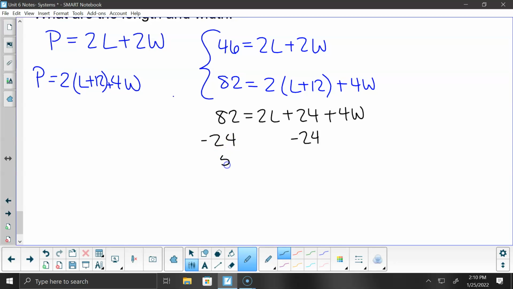So this becomes 58 equals 2L plus 4W. Because now I can do elimination. I just need them to be something L plus or minus something with W, and then all the numbers on the other side.